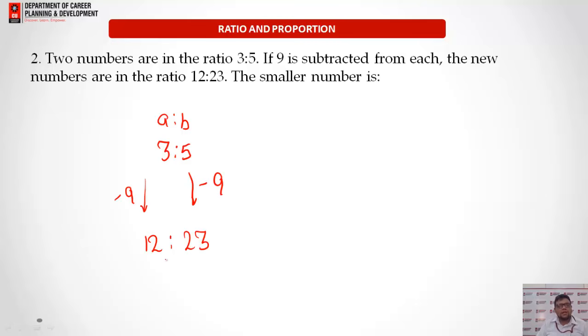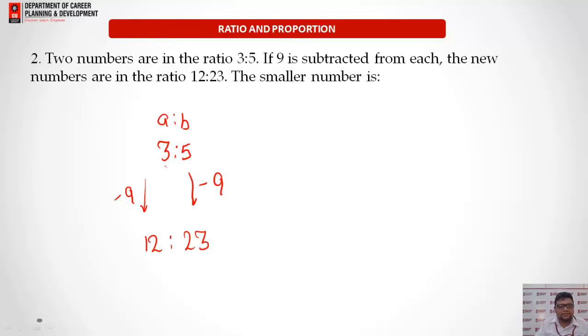So now what we have to do is, see, if we have subtracted the same value from both of them, then the initial difference between A and B will remain the same in the final difference also, as we have subtracted the same value from both of them. If we added the same value, then again the difference will remain the same as before.